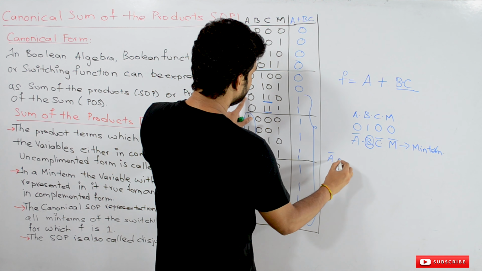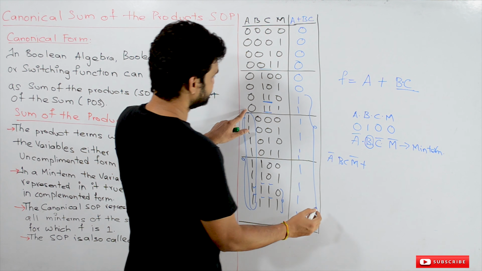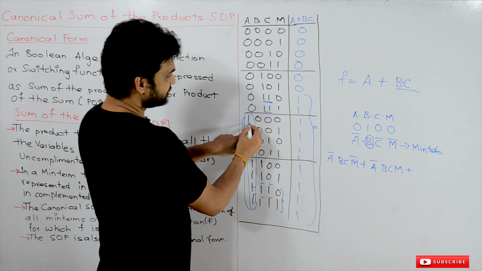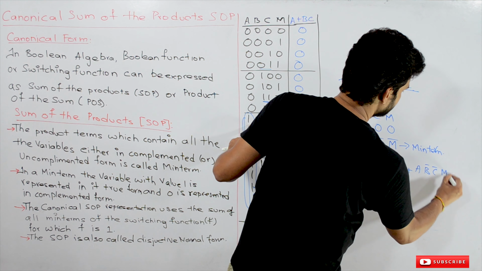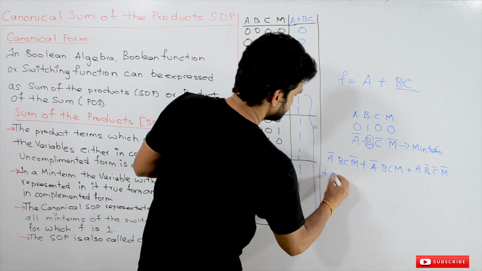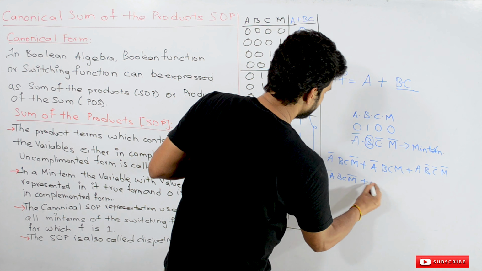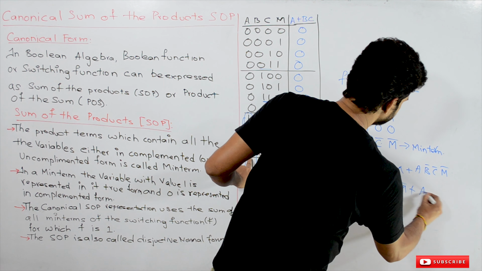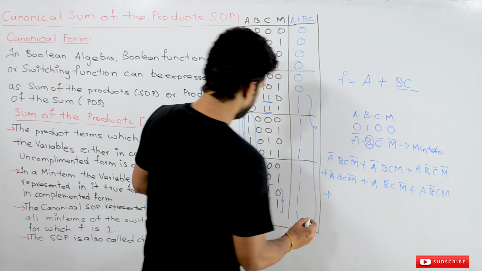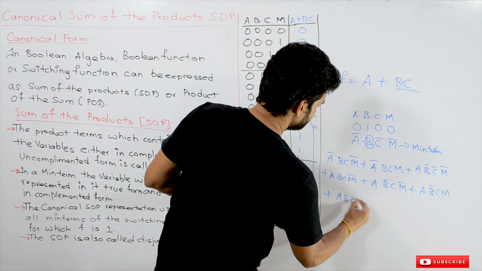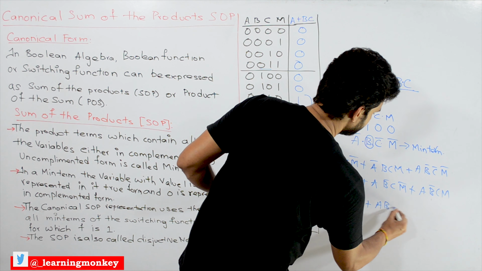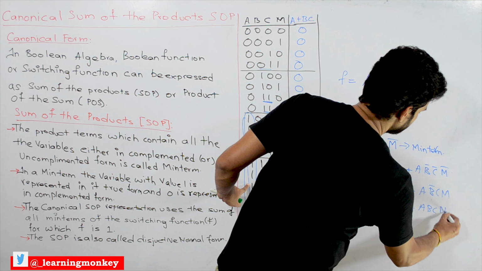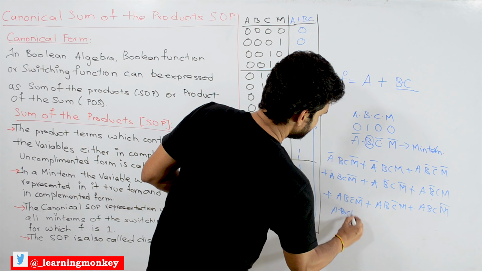It is a bar b c m bar plus a bar b c m plus a b bar c bar m bar, and similarly a b c bar m bar plus a b bar c m bar, a b bar c m, a b c bar m bar, and similarly a b c bar m plus a b c m bar, and the next one is a b c m.